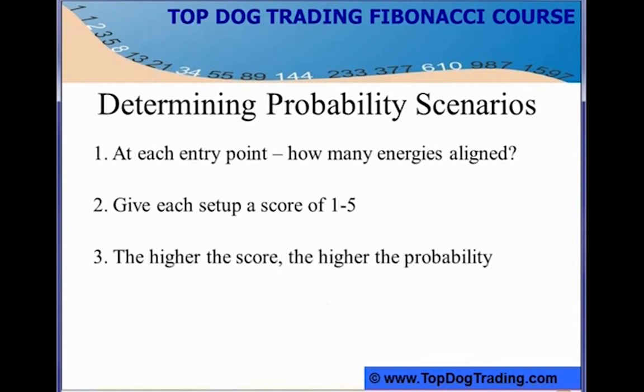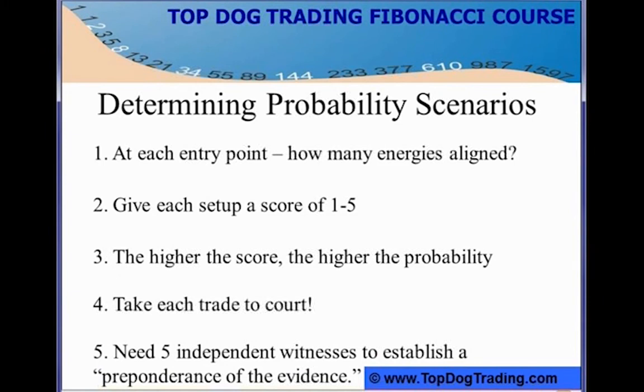So I've got these 5 energies, and I'm asking myself how many of them align at the same time, and I give the trade a score of 1 to 5. Obviously, the higher the score, the higher the probability of the trade. So the 5 independent witnesses, that's the key. These 5 energies are each one non-correlated to the other 4. That's the key.